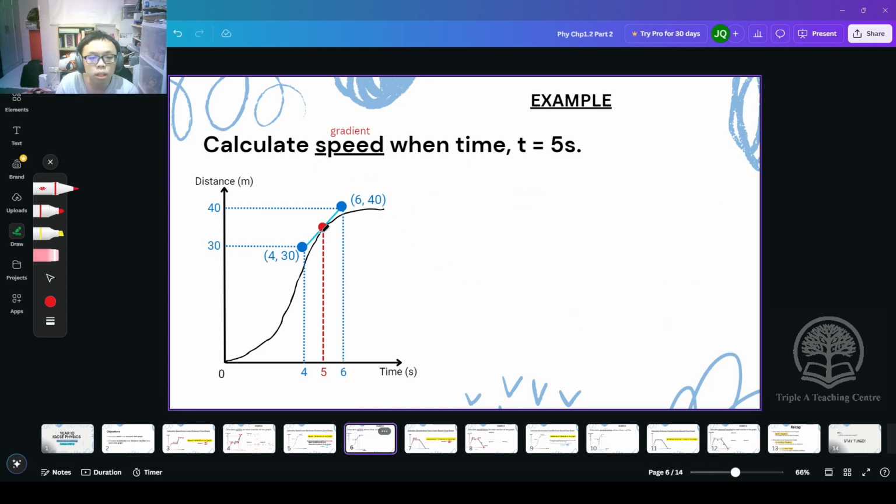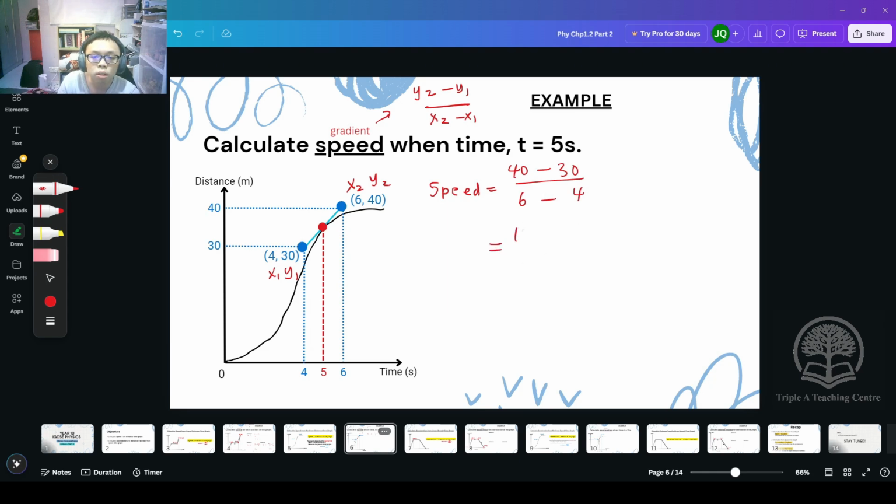Let's see an example. Calculate the speed when time t is 5 seconds, the red dot here. Recall that the gradient is y2 minus y1 over x2 minus x1. Remember this formula. So for the speed at t equals 5 seconds, we draw the tangent, the blue line, and calculate the gradient of this blue line. y2 is 40, y1 is 30, x2 is 6, x1 is 4.